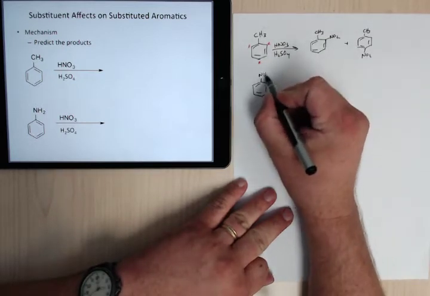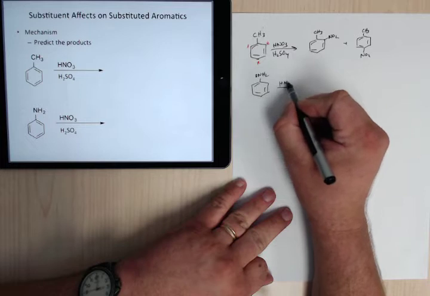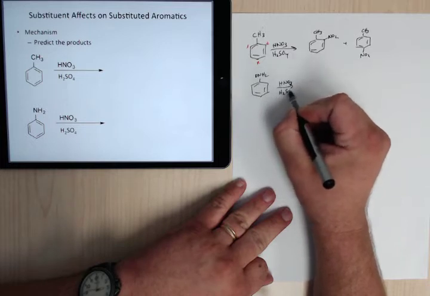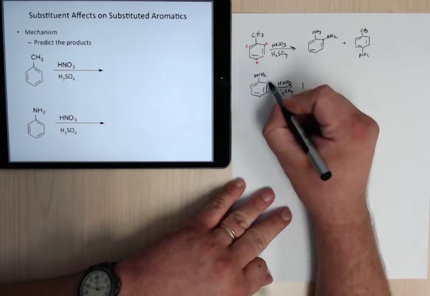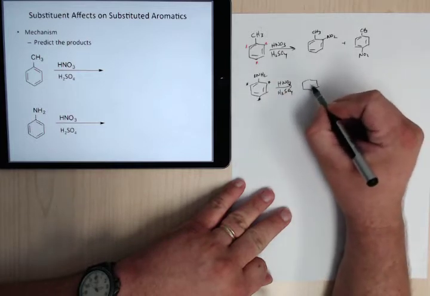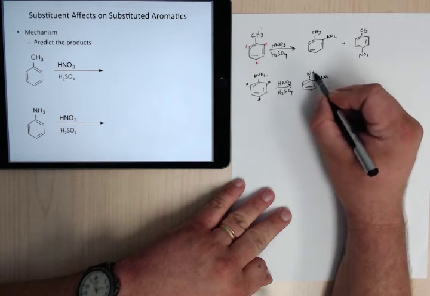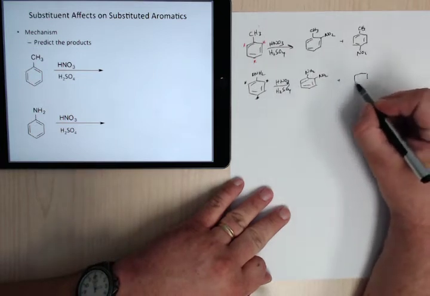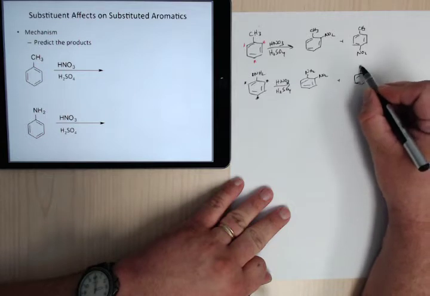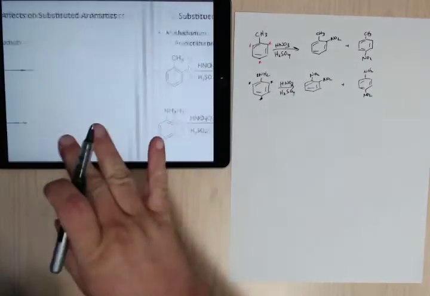Okay, so in this one, the lone pairs next to the ring, you do this nitration. Again, it's going to be ortho-para, so you're going to get a mixture of the ortho product and the para product. Okay.